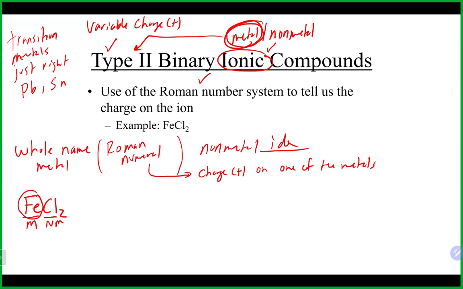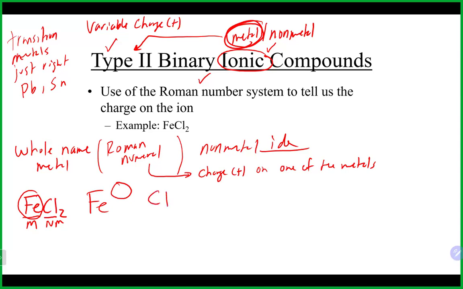The good news in this situation is you will 100% of the time always know the charge of whatever it's attached to. So for example, in this one, although I may not know what the charge is of my iron, I do know that it has a Cl.